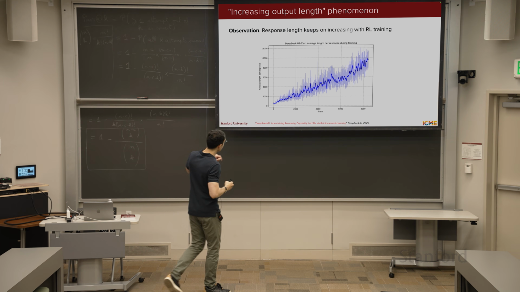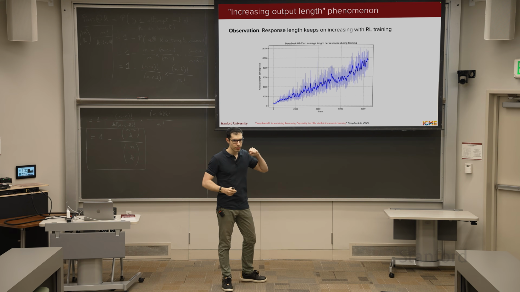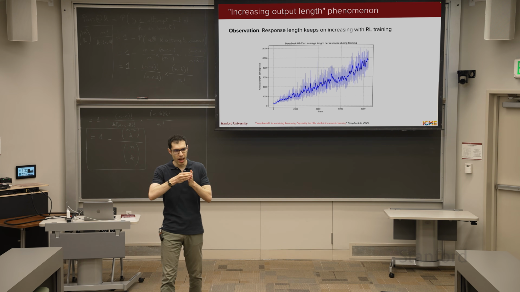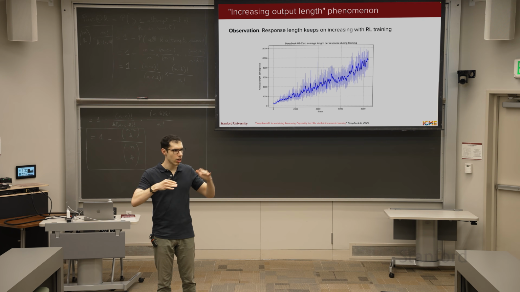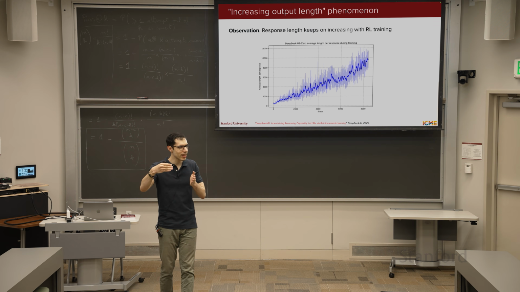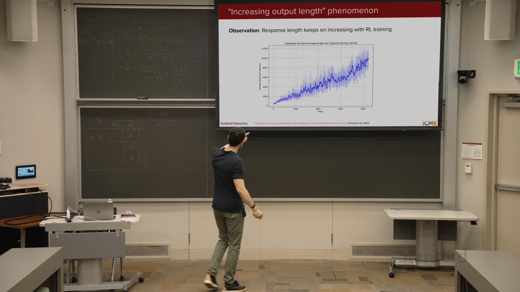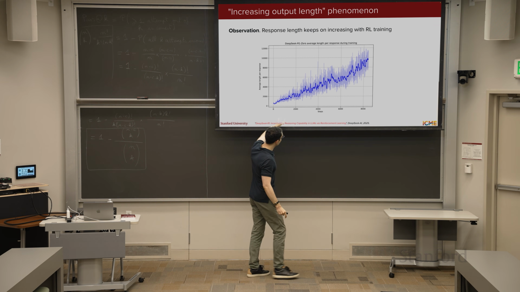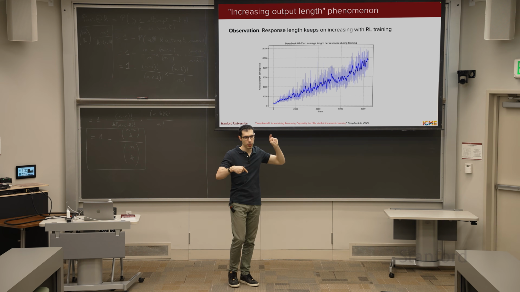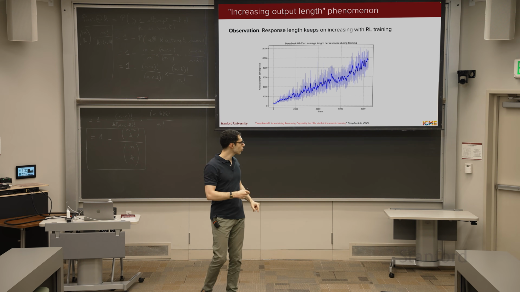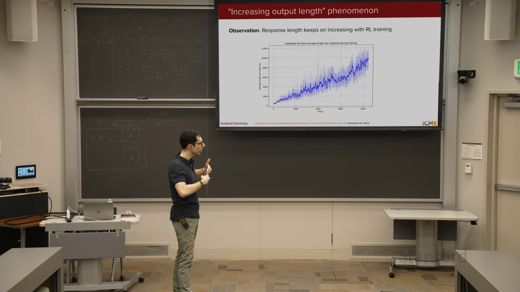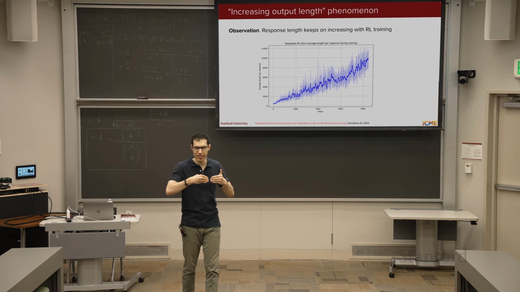If you see the training of these models, one thing that you notice is that as you train it in the RL stage, the output increases in length. This graph shows, as a function of the RL step, the average length per response. You see, from an empirical perspective, that the answer that the LLM is outputting is getting longer and longer.